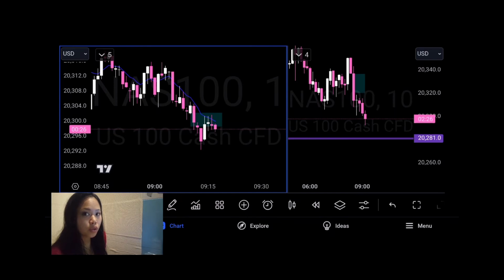Interested to see how price reacts at this FVG. This 1 minute FVG can really take price to that purple line, I think.